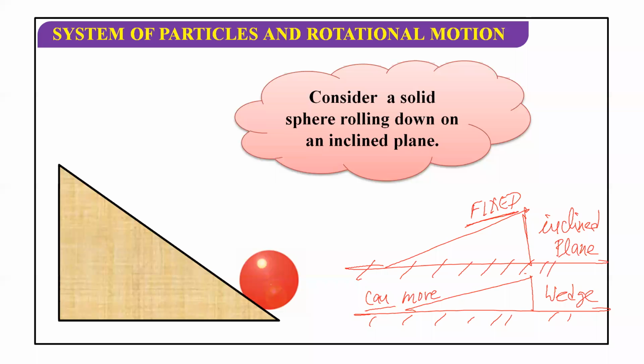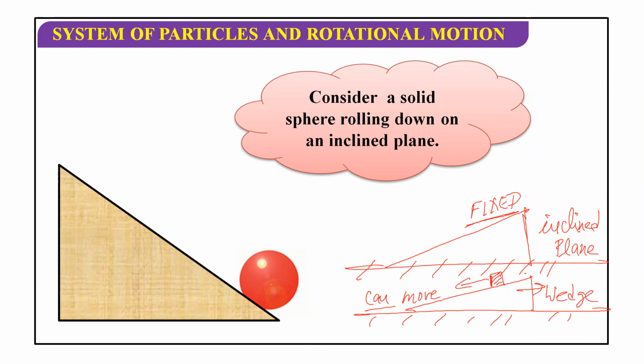For example, suppose on a wedge, and in fact this is what we are going to discuss in theory, everything is frictionless, and the block is moving downward in this direction. The wedge will start moving in the backward direction. This is related to the center of mass concept we are going to discuss.